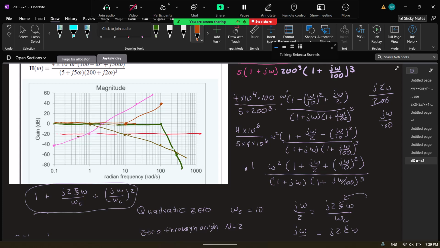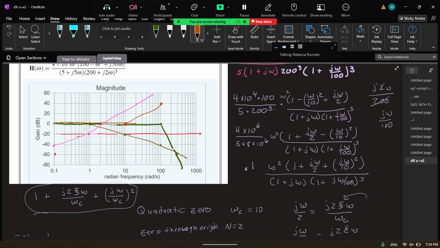Okay, so I would start at -60, and then I have a slope of, let's see, this pink line had a slope of 40. Was that right? Yes.